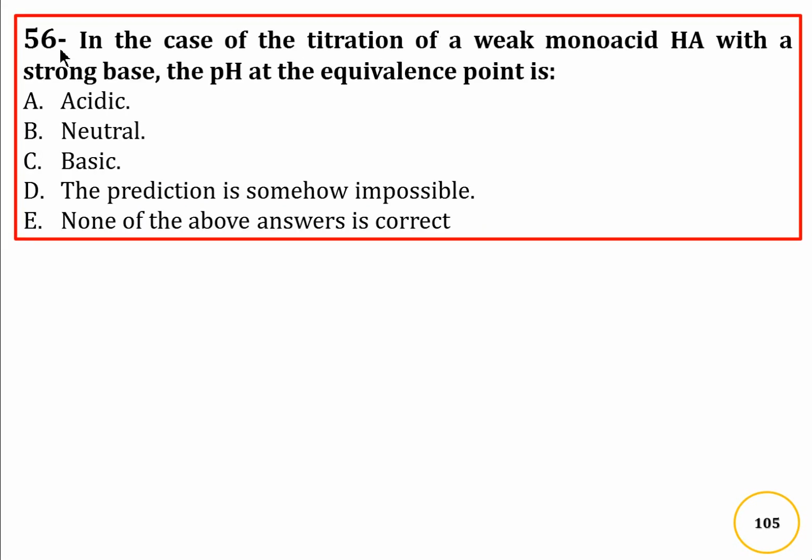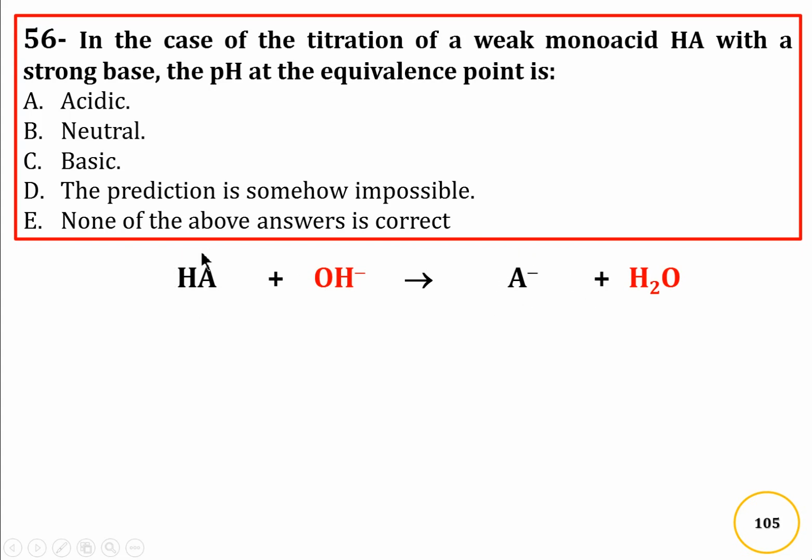Exercise 56. In the case of titration of a weak monoacid HA with a strong base, the pH at equivalence is: acidic, neutral, basic, prediction impossible, or none of these answers. We know that HA reacts with OH minus in a complete reaction to give A minus and H2O.